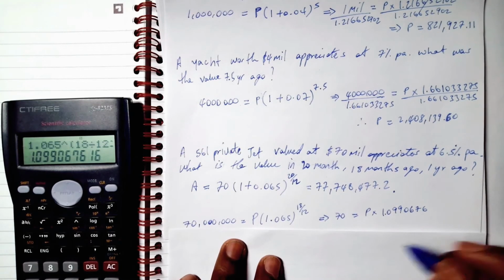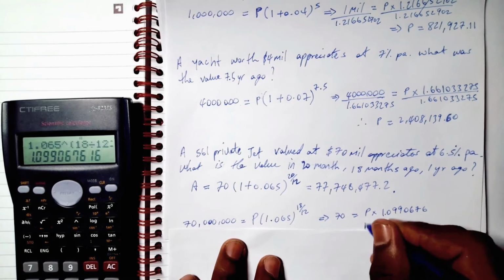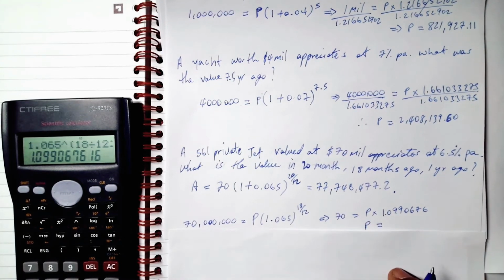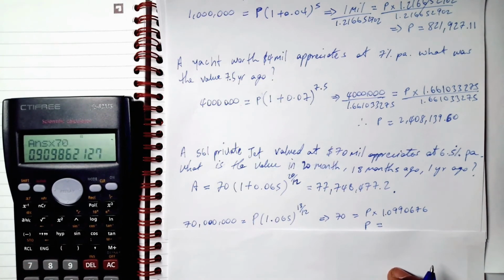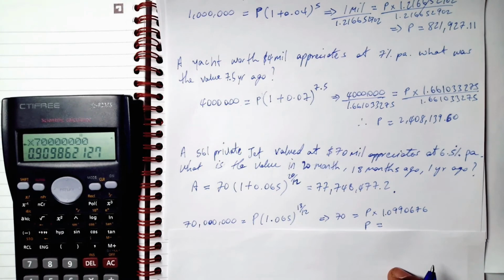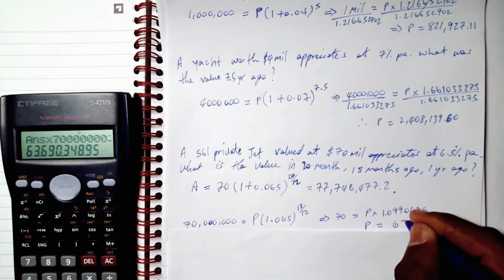We divide both sides by this and we get P equal. We do our little trick here. Times that by 70 million. Get 63.